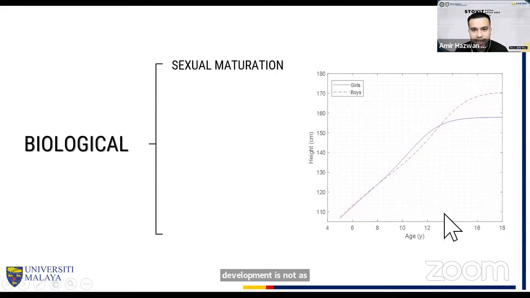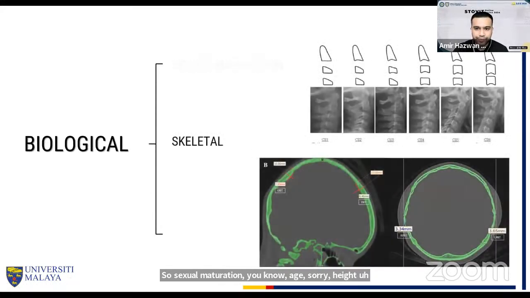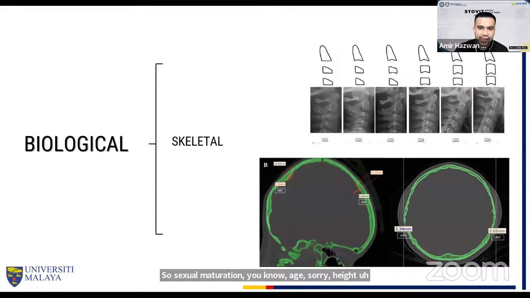So sexual maturation, age, height, other indicators, hair, things like that, and also skeletal age have been shown to have a strong correlation with our chronological age. These are the types of methods that we use.